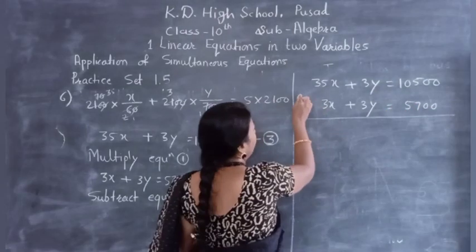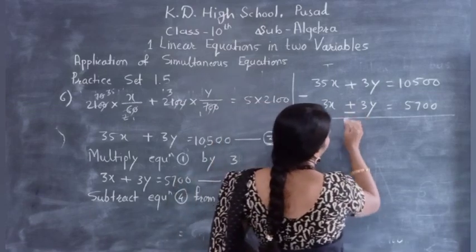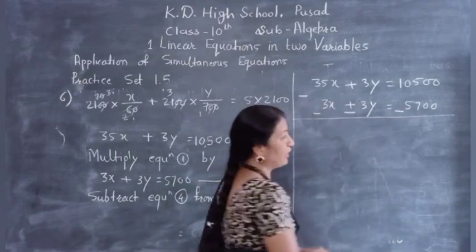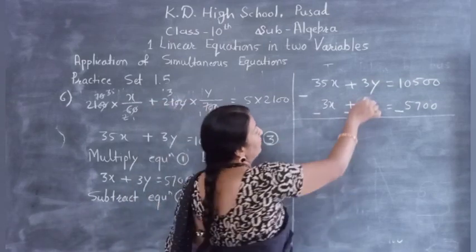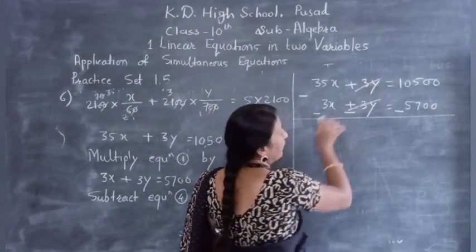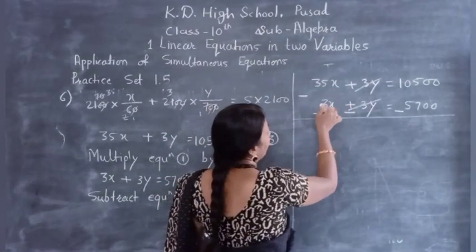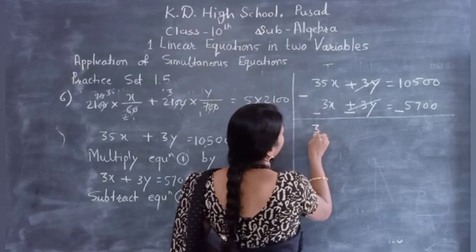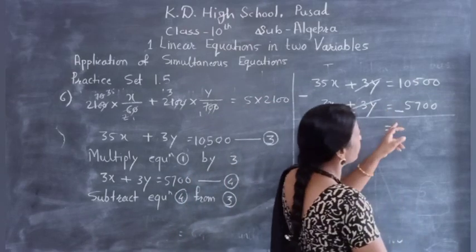Now here there is a subtraction we have to make, and in case of subtraction the sign of each term of the second equation changes. So here we get positive 3y, negative 3y get cancelled. What is remaining? 35x minus 3x, that is 32x is equal to, there is a subtraction.